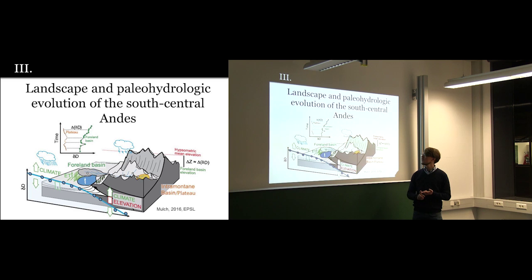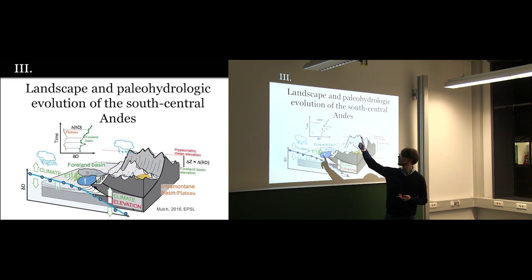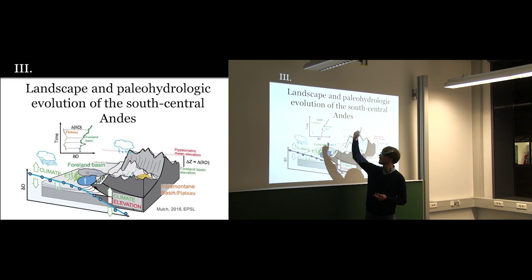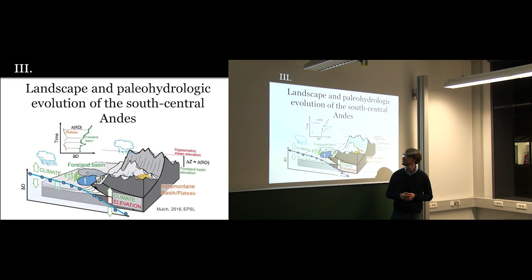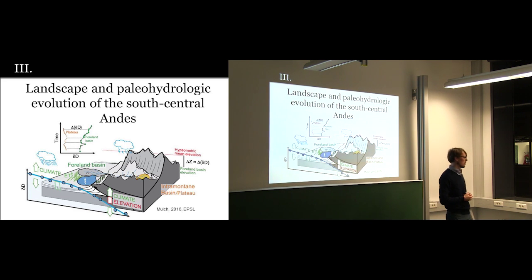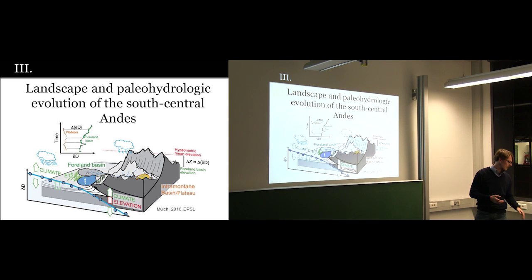The only change, if you see a difference between a setting on the plateau and a setting in the foreland, is elevation. This is shown right here. If you can rule out climate, then the only differences between the two settings can be interpreted as an elevation difference.